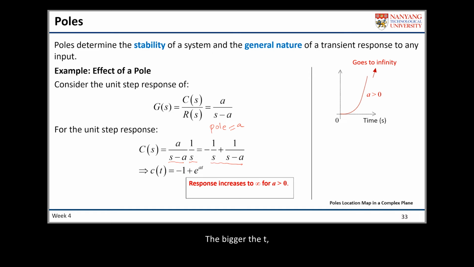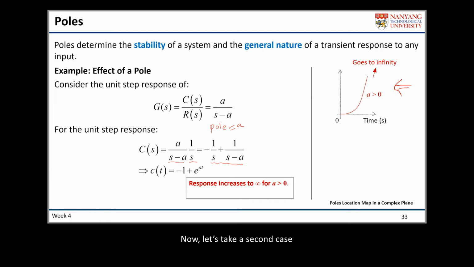The bigger the t, the bigger the exponential of a times t. So if you plot the response c(t) in time, it will go to infinity, as illustrated in this figure.